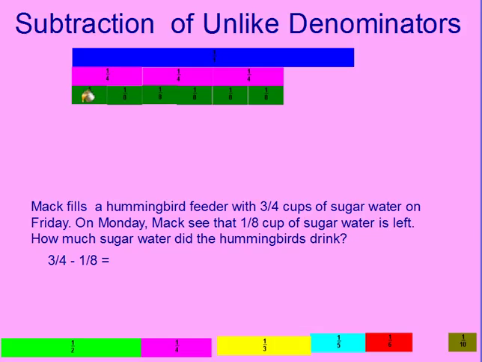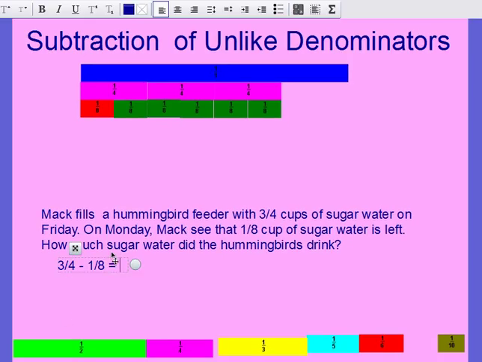Because we have to remember that this one was what I had here, and this is what I have left. So how many did they drink? What fraction did they drink? 1, 2, 3, 4, 5. So they drank 5/8 cups of sugar water.